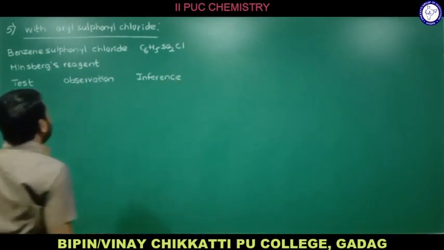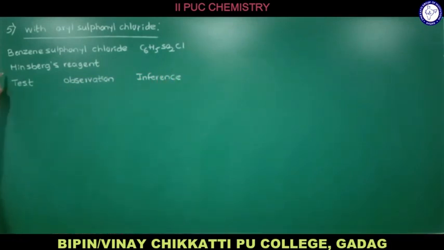So let me consider a general amine. I don't know whether it is primary, secondary or tertiary, and to identify it, you need to react that amine with the Hinsberg reagent.